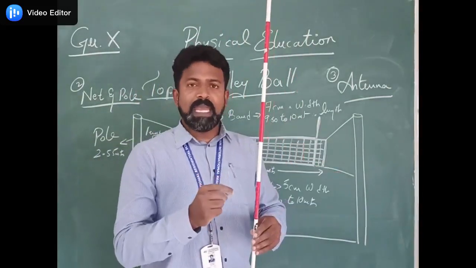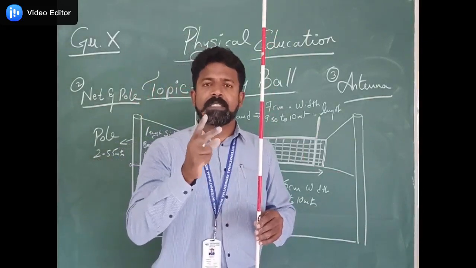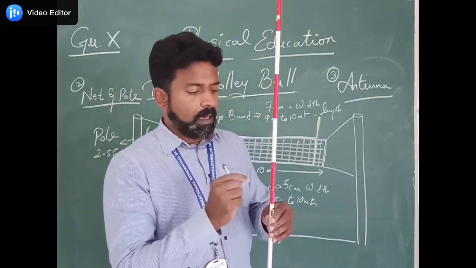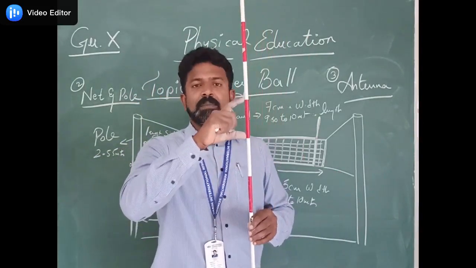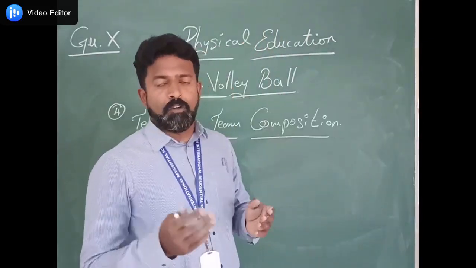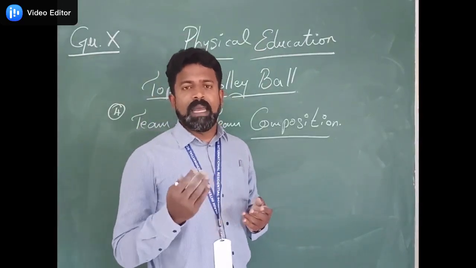To make it very clear, it is painted in 2 different colors, preferably red and white, with a measurement of 10 centimeters each. I hope you are clear with the court, net, pole and antenna.